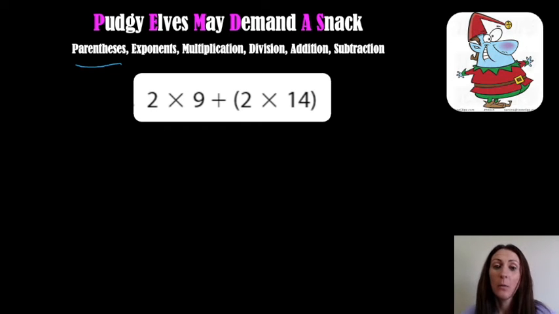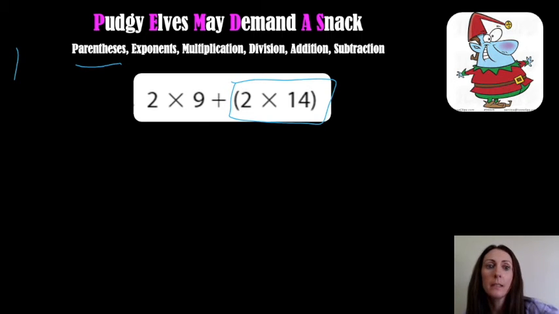Yes, we do. We have 2 times 14 is in parentheses. So that is the first thing I'm going to be doing when I'm solving my problems. So go ahead and solve 2 times 14. If you know it in your head, great. If you need to do it on the side of your paper, go ahead and do that as well.